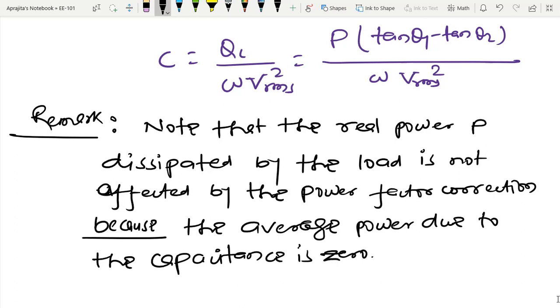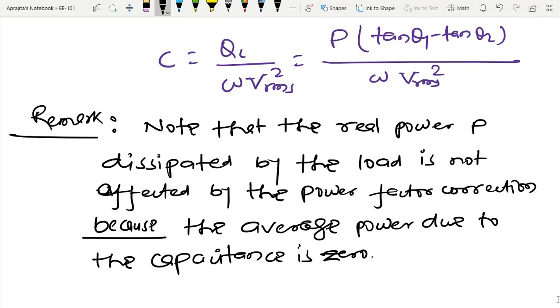One can easily see that here QC is just replaced by QL, and QL is again Q1 minus Q2. So I am not going to write that, but that is actually an obvious extension of the previous concept. So with this discussion, I am going to close today's class.